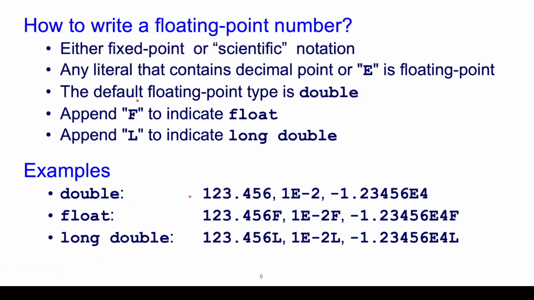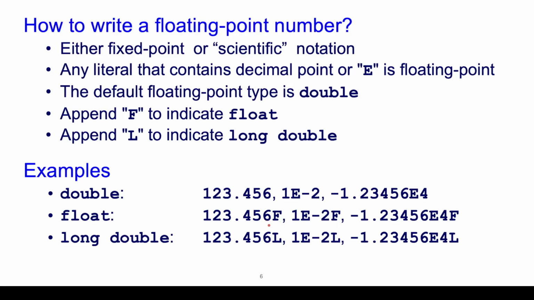Now, if you observe the floating point literals here, I have written the numbers as they are with the decimal point, and this one is written in scientific notation. Whenever you write a floating point number without any suffix, it is by default treated as double type.